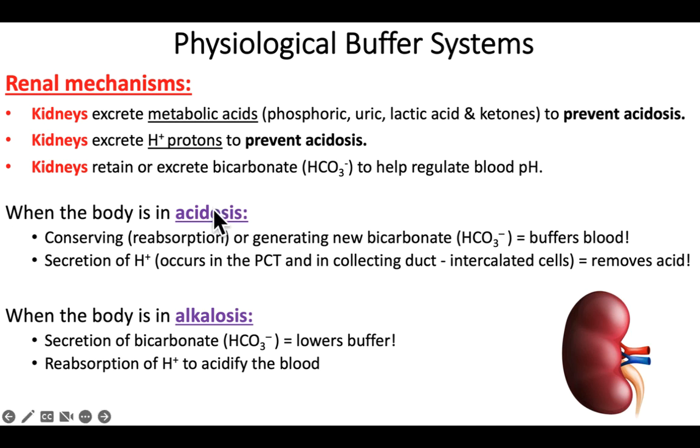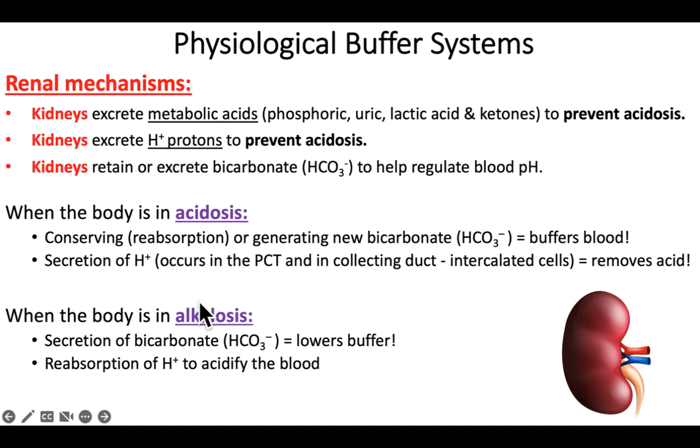To correct acidosis, we would want to conserve or reabsorb or generate more buffer. And that's what kidneys can do. And the kidney can get rid of the protons. So we can remove protons, and that can remove that acidity and help correct acidosis.